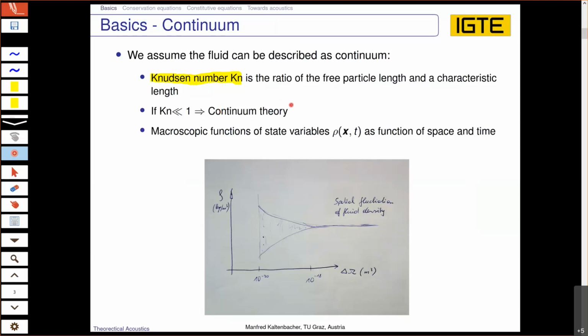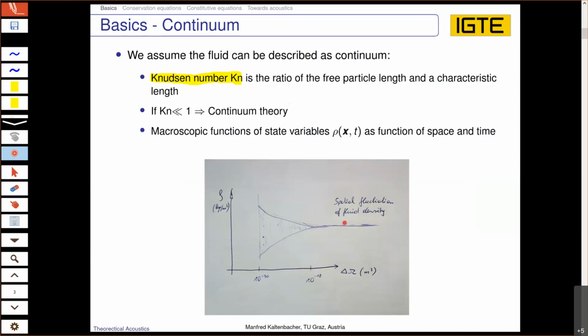And that is what we are considering, and you see still at about 10 to the power of minus 18, which is very small, we approach values which we can describe by continuum mechanics.